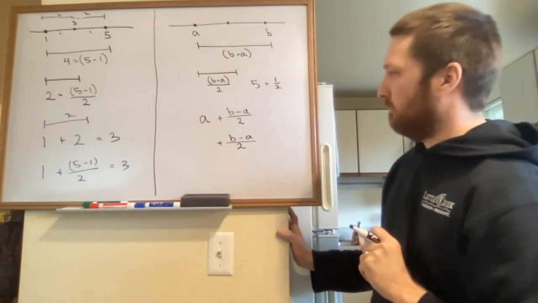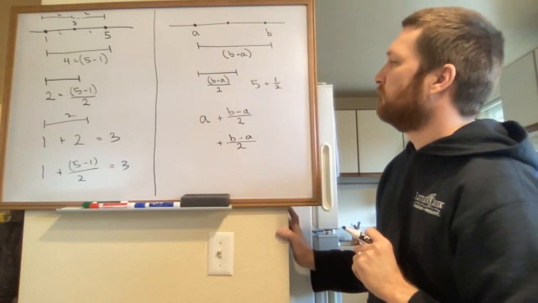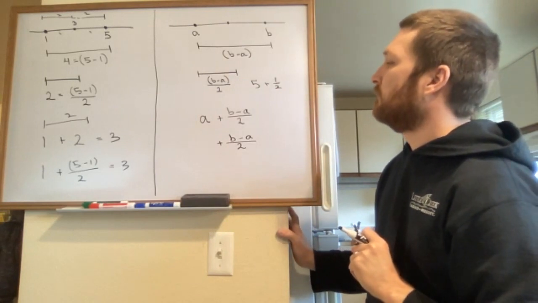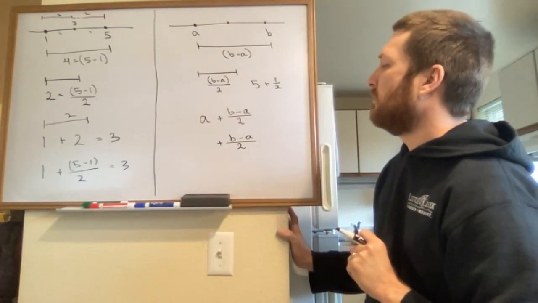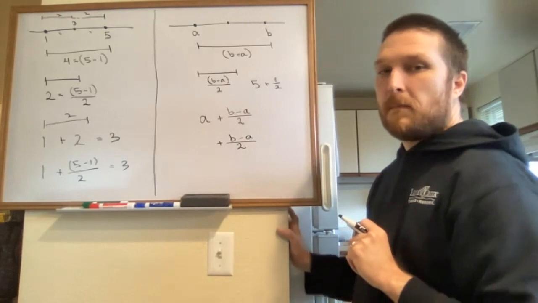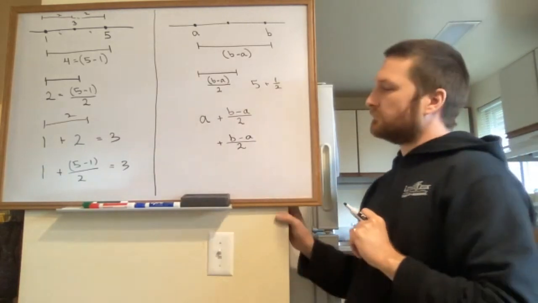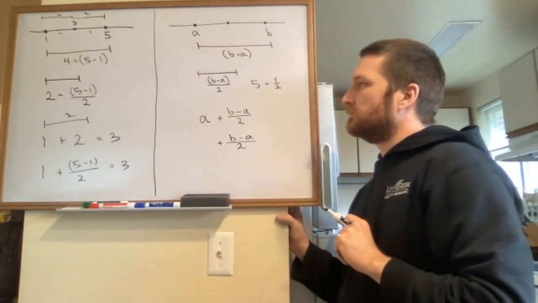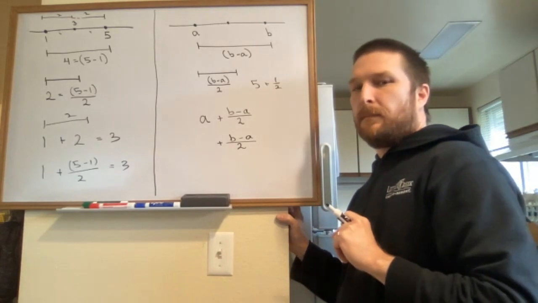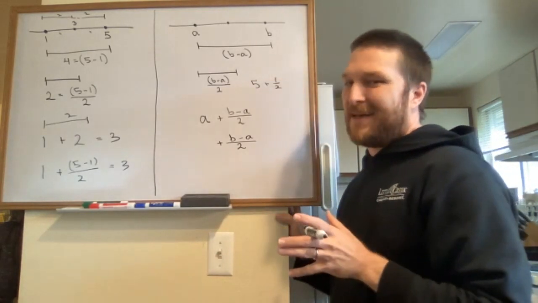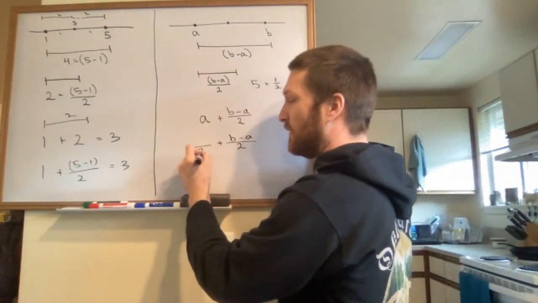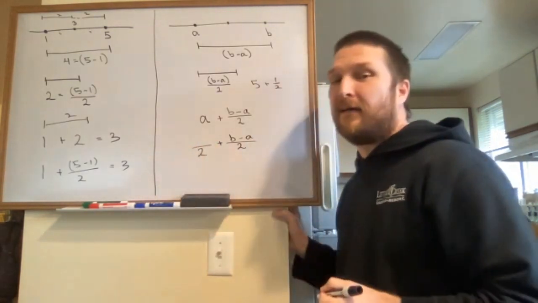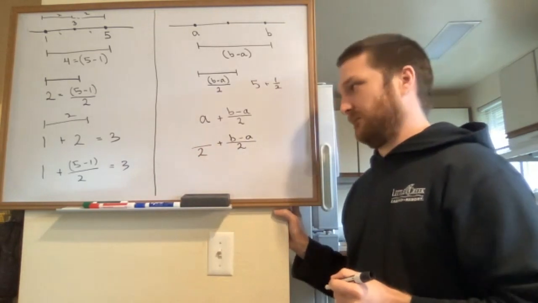A over, no, wait, A. Yeah, A over 2, right? No. Well, A over 2 would be half of A. It's going to be something over 2, but we want it to still equal A. So what do we have to do?